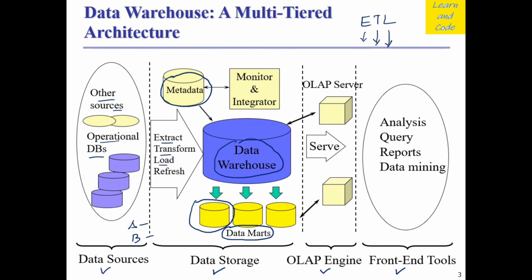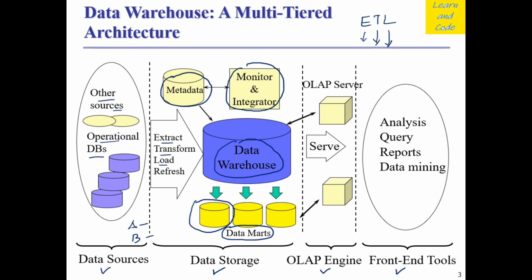And obviously, as the data gradually comes into the data warehouse, this metadata has to be monitored, integrated and updated also. So that is the use of the refresh operation, right? From time to time we have to update our metadata repository along with the data warehouse.